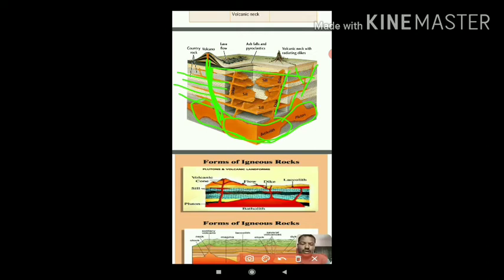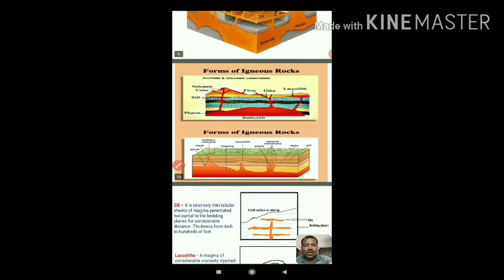Now you can see in the next figure that batholiths are very huge masses. Here is a batholith, which is very large, while this is a dike, this is also a dike, and here is also a dike. A dike is a vertical wall and a batholith is a very large portion.